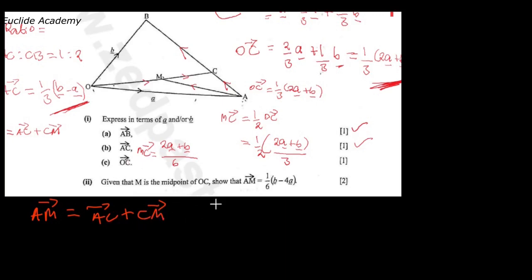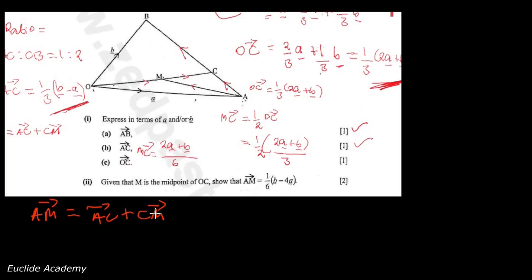And then we found the vector MC, but we need the vector CM, so we need to change direction. So the vector MC we found to be this. I'm not going to write it because of time. We just have to flip it.